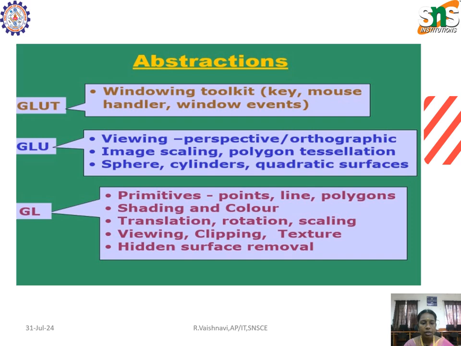And then followed by that we have the Graphic Library, that is GL. Here we have the primitives: points, lines, polygons, shadings and color, and then translations, rotation, scaling, and then viewing, clipping, textures, and hidden surface removals come under GL.